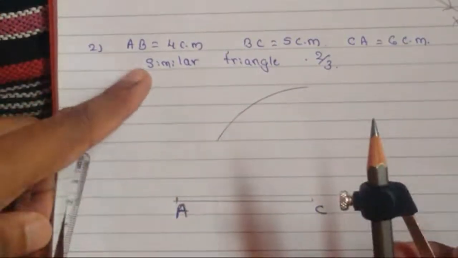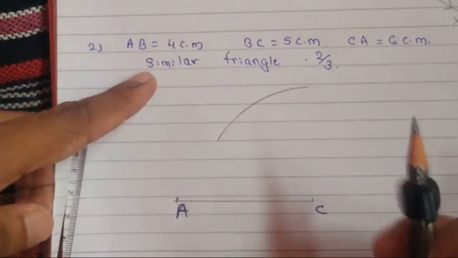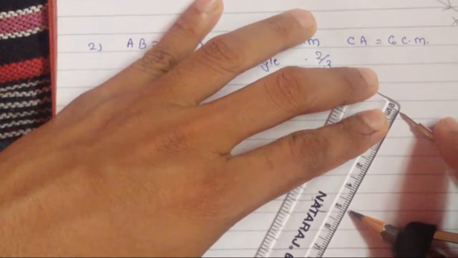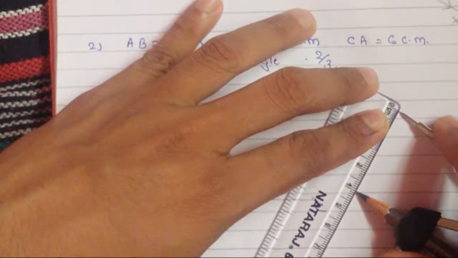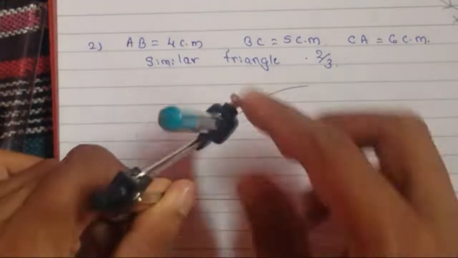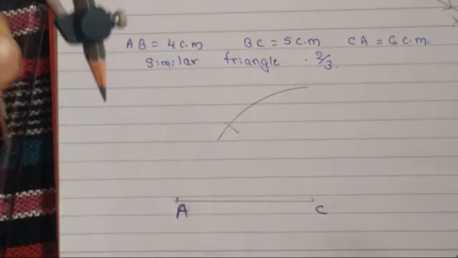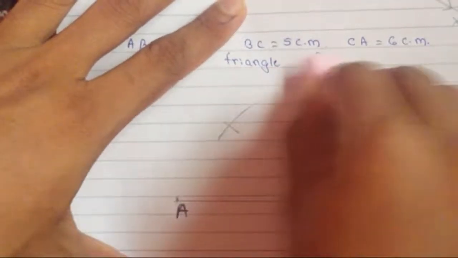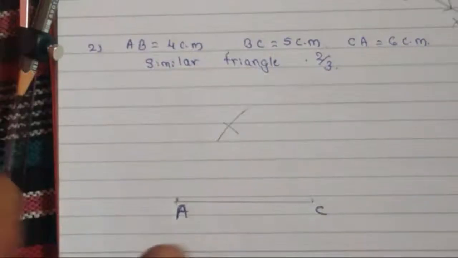Then consider AB length, that is 4 centimeter. With the help of scale and compass, take 4 centimeter length. Then from point A cut the initial arc. Then if you don't want, rub the extra part of the arc.